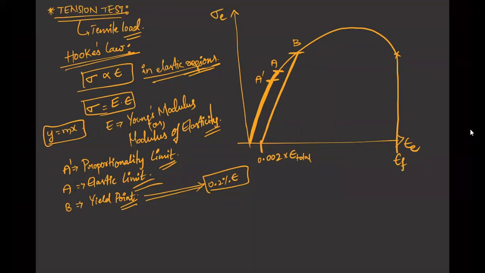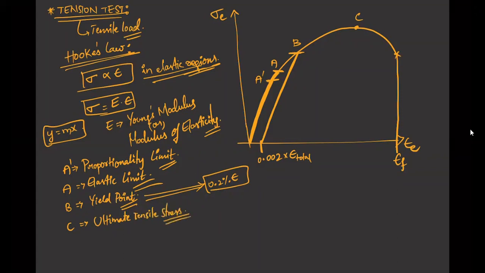Now this is my yield point. As I said, this is totally for the engineering aspects. Once a material crosses the yield point, there is an observable permanent deformation in the body. The next important point is somewhere here at the top, that is C. As you can see in the curve, this is the point where the maximum load or maximum stress is, so it is known as the ultimate tensile stress.